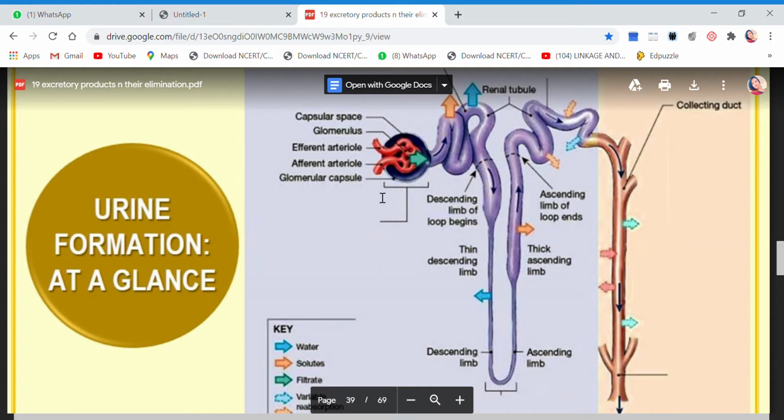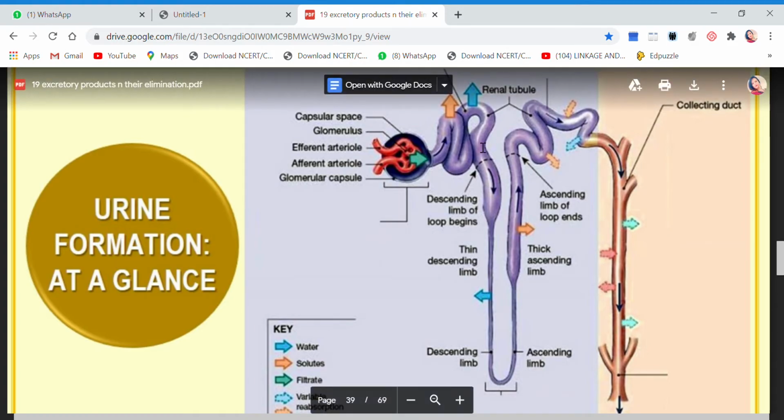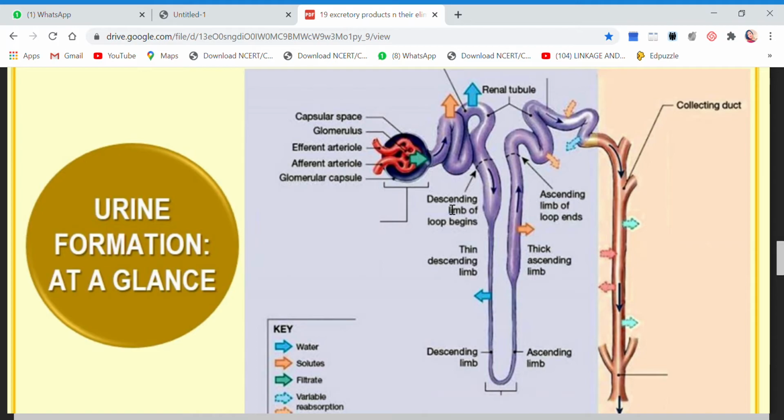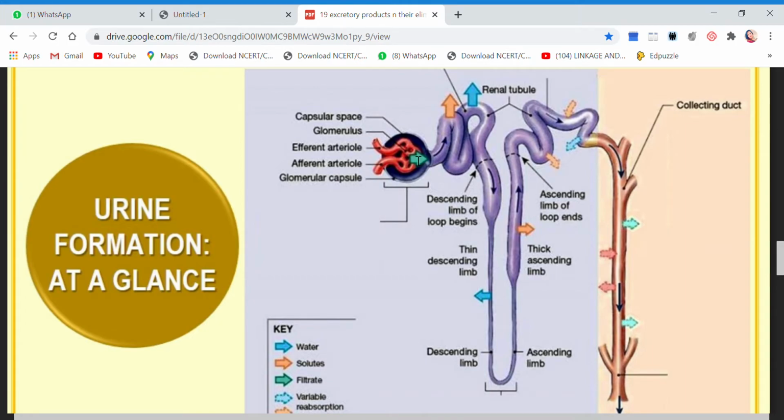Children, as we know, this is the Malpighian body and these are the tubules, and the tubule is divided into three parts: PCT, Henle's loop and DCT, and along with that the collecting duct. Now children, we have also done this, that 180 liters of filtrate is being taken out.